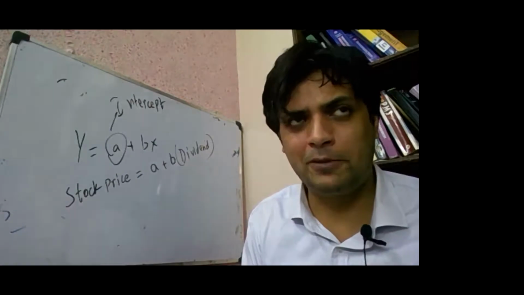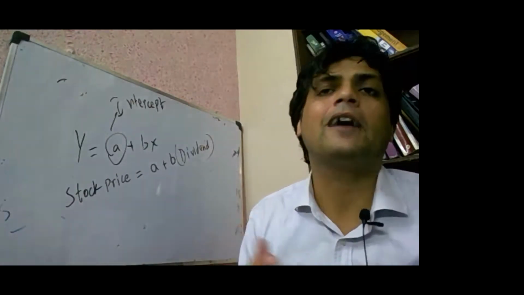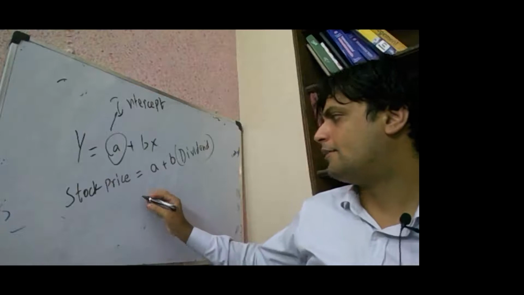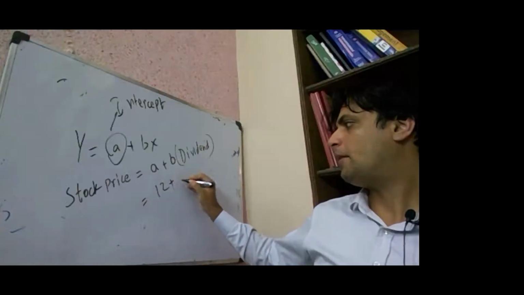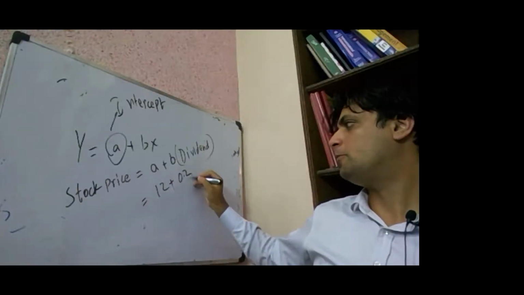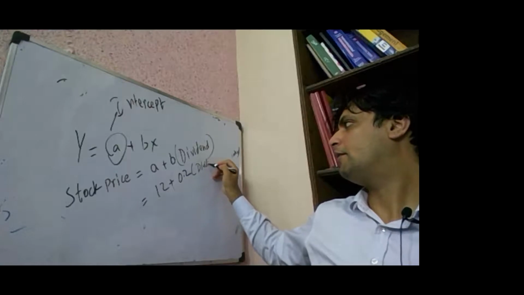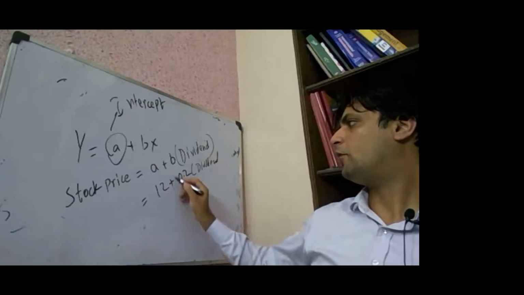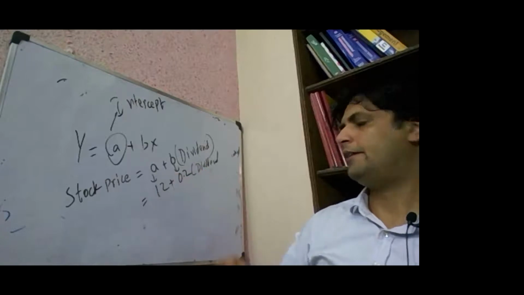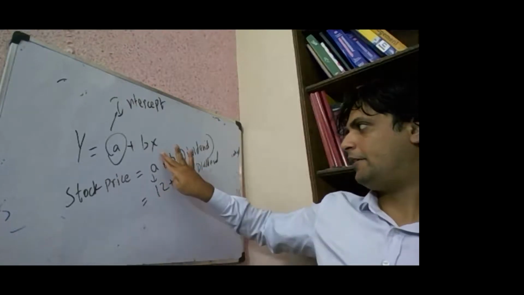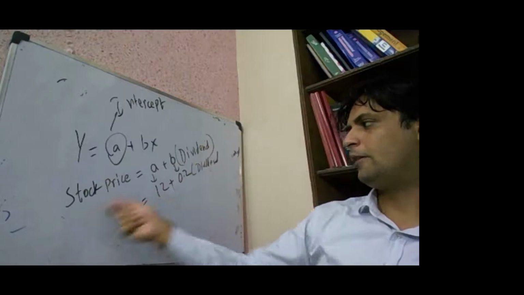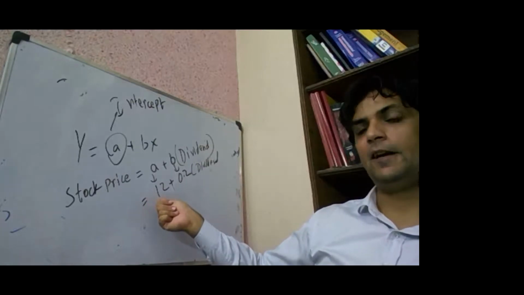So if the company is not issuing any dividend, the price will be, let's say, 12 plus 0.2 of dividend, right? So here b is 0.2, a is 12. It means that if everything is 0, the stock price is 12 over the time, right?